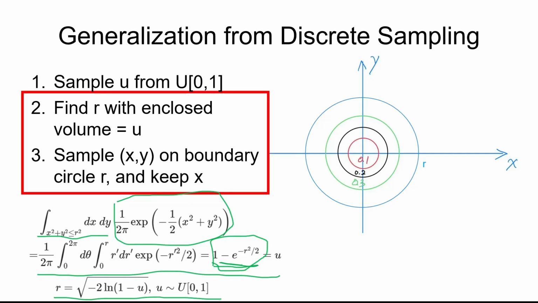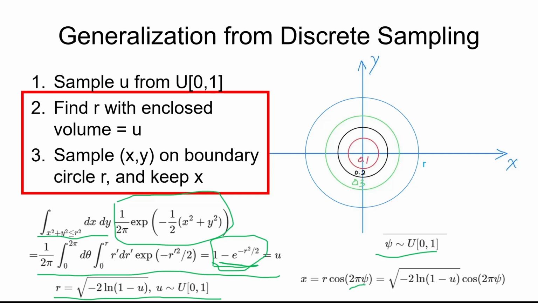And once we find the r corresponding to u, it's very easy to do the third step, because the third step only involves the uniform distribution on the circle. Basically, we want to sample an angle from 0 to 2 pi. To do that, we only need to sample a value psi from 0 to 1, and then we multiply this by 2 pi.